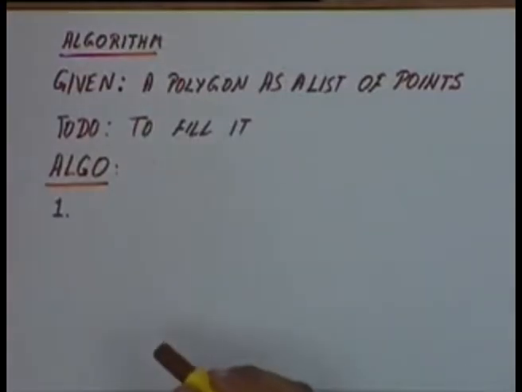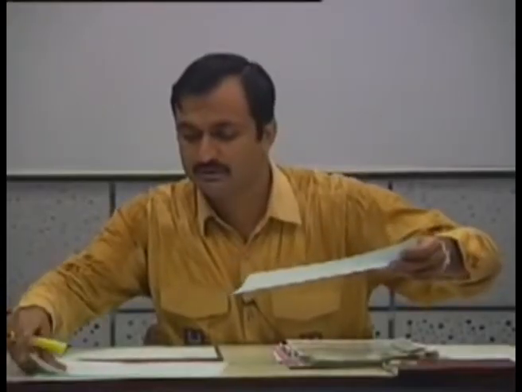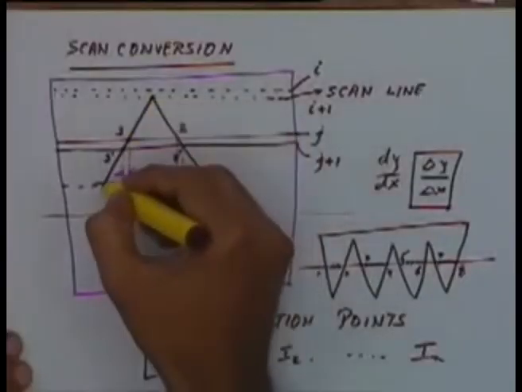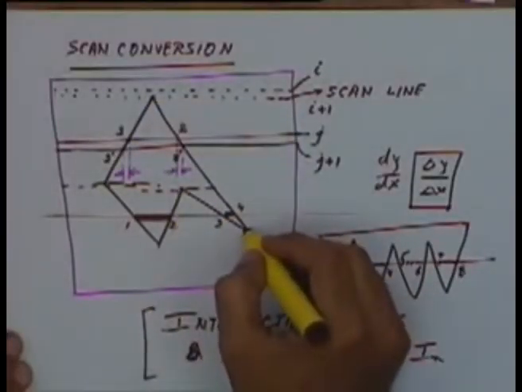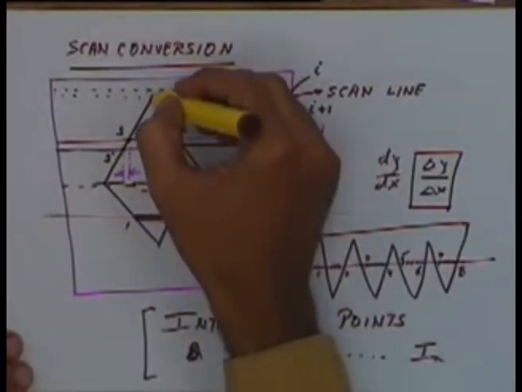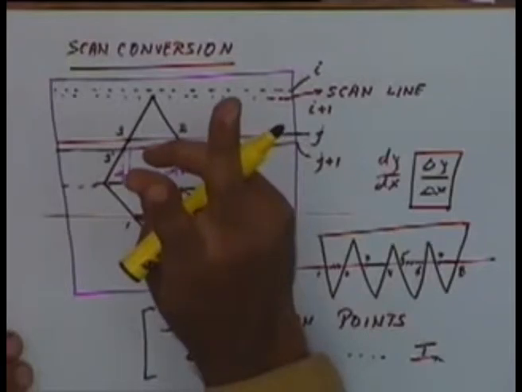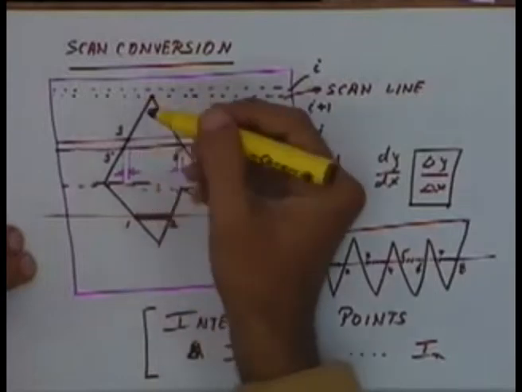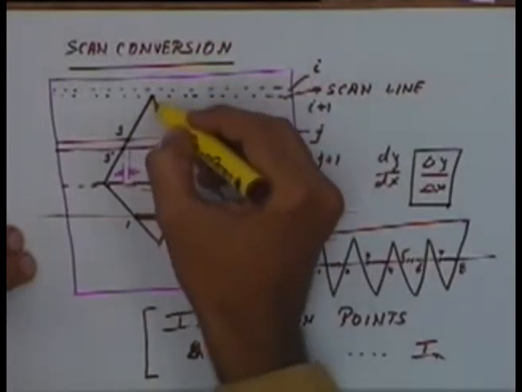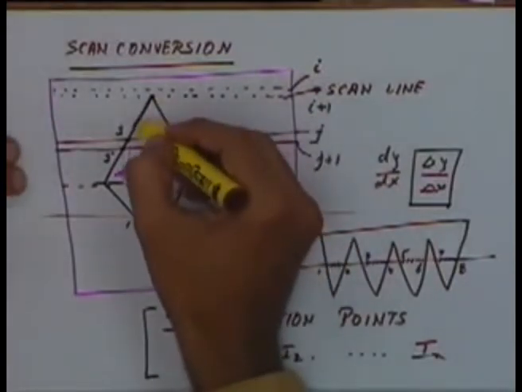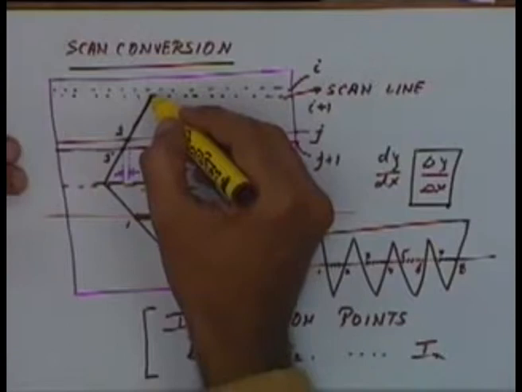The way we will do it, let me first explain the data structures involved. We know this set of vertices. At every vertex there will be two edges coming in. Out of these two edges, we can have a number of cases. Either both the edges are just going to start at that scan line, like in this case, this edge is also starting, this edge is also starting at this scan line.